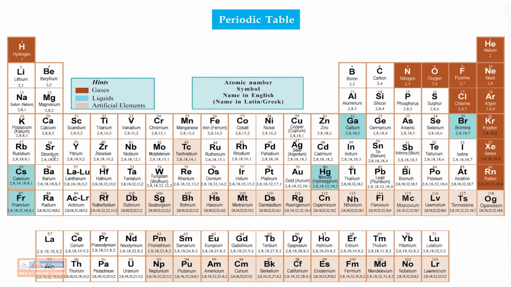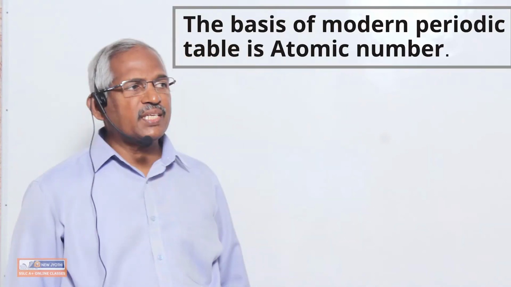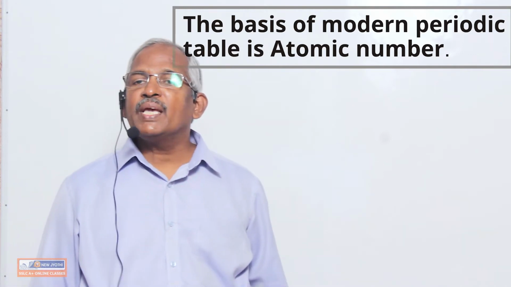You can see the first element hydrogen, then helium, lithium, beryllium, boron, nitrogen, oxygen, fluorine, neon, sodium, and so on up to oganesson. Look at the atomic number of these elements. It is increasing one by one. So we can say that the basis of the modern periodic table is the atomic number.